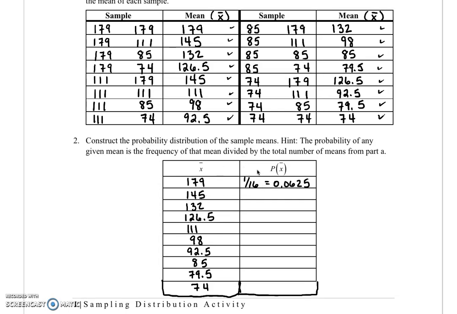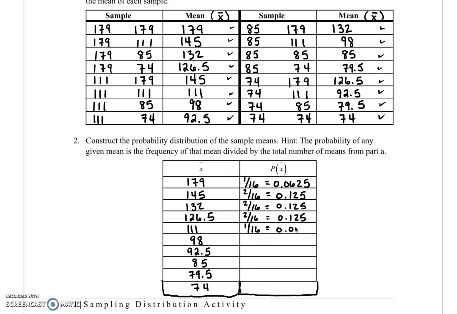145 occurs twice, so it's 2 over 16, which is 0.125. 132 appears twice. 126.5 occurs twice. So those are also both 0.125. 111 occurs once.